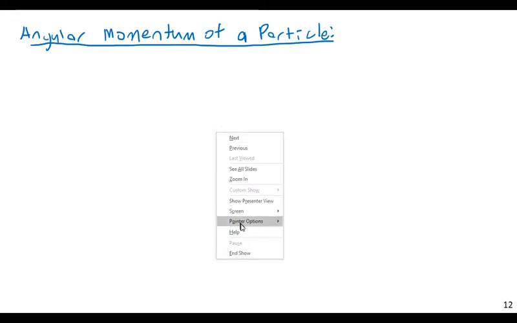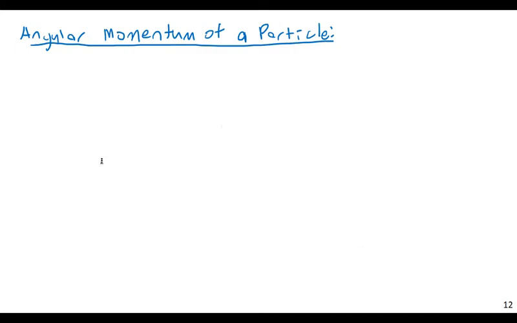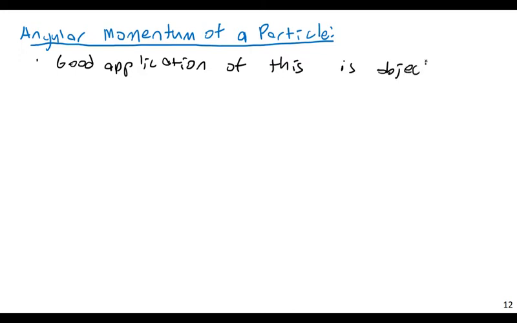If you consider an object in orbit, objects in orbit are a great example of particles with angular momentum, or things that can be considered particles. A good application of this is orbits, objects in orbit.